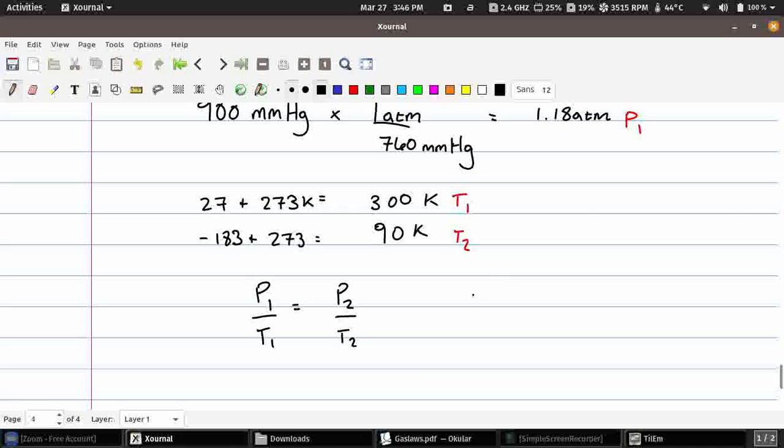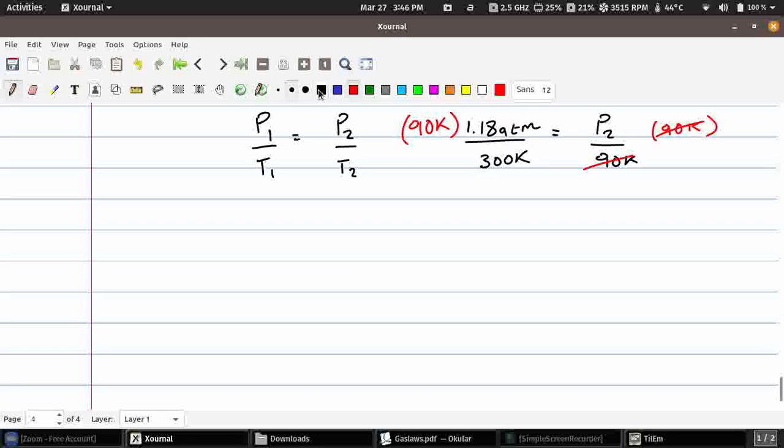So that means we have 1.18 atmospheres over 300 kelvins equals P2 or X, whatever you want to call it, over 90 kelvins. So what I'm going to do is multiply this by 90 kelvins to get P2 by itself. And then we're going to be solving for P2.